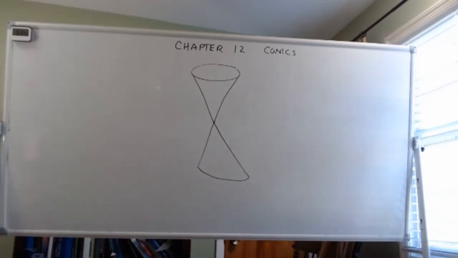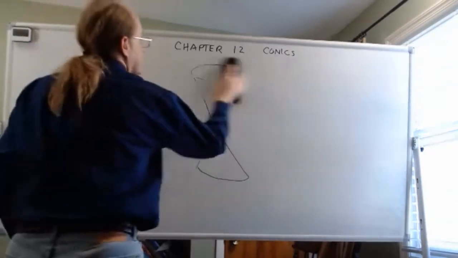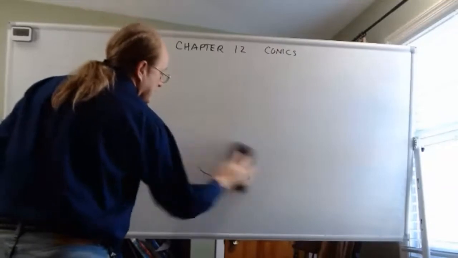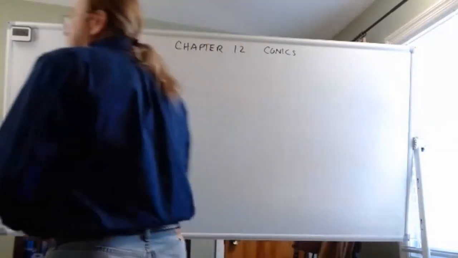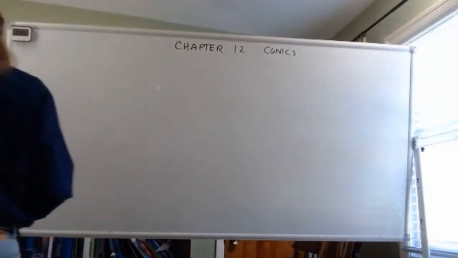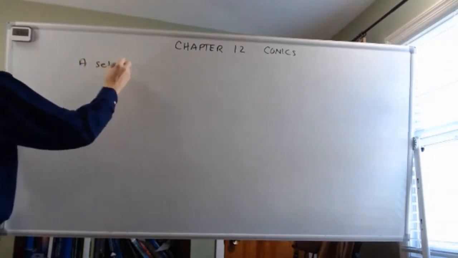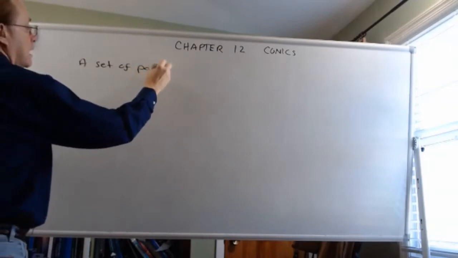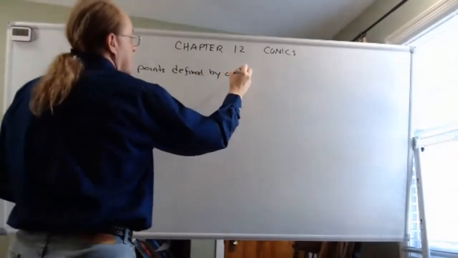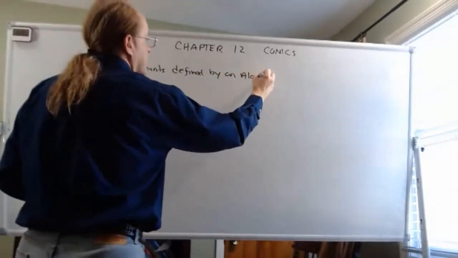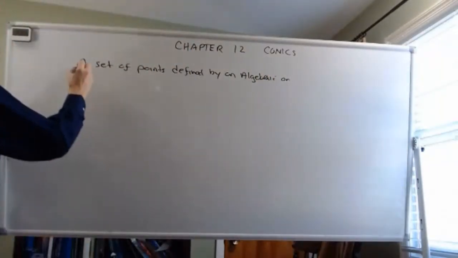Okay, so these are conic sections that we're going to be looking at. We're going to start this first section by looking at a circle. But before we go to that, let's talk about how we're going to define these. We're going to define these by something called a locus. A locus is a set of points that are defined by an algebraic or geometric condition.